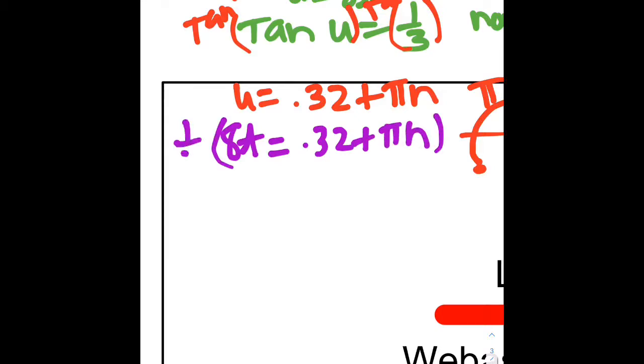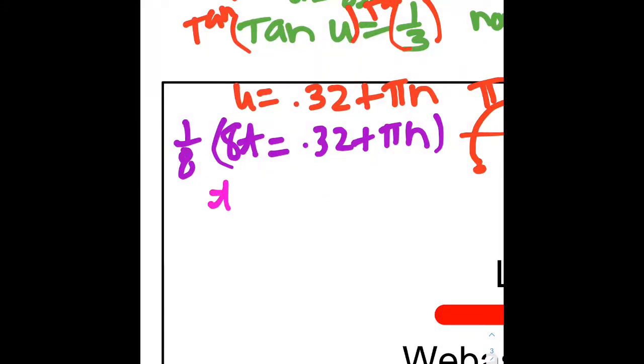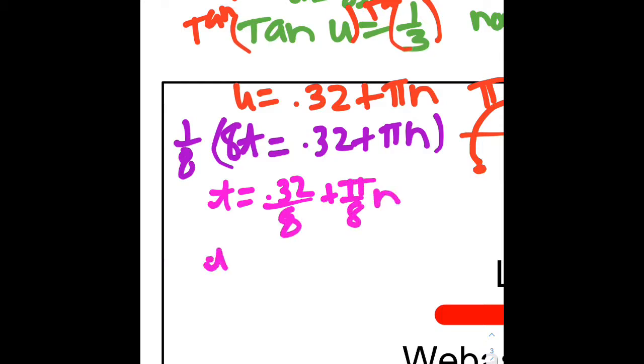We're going to multiply by 1/8. We're going to get t is equal to 0.32 over 8 plus pi over 8 n. Think about it, 32 divided by 8 is 4, so move the decimal place over. So we have 0.04 plus pi over 8 n.